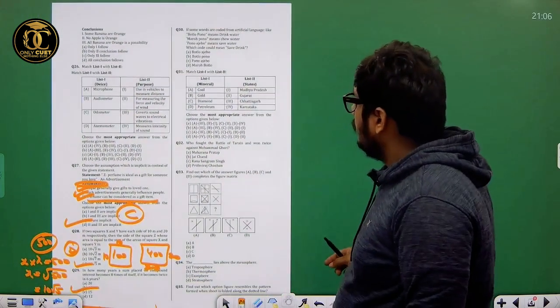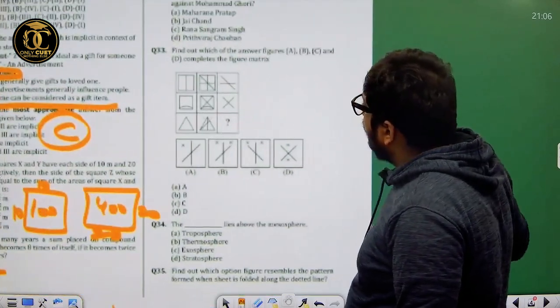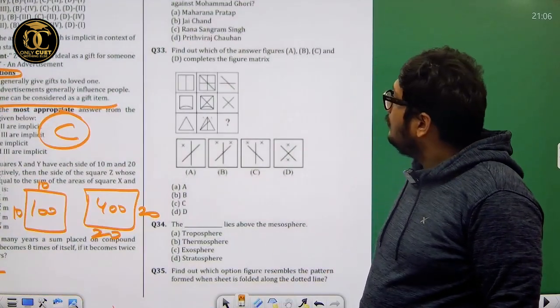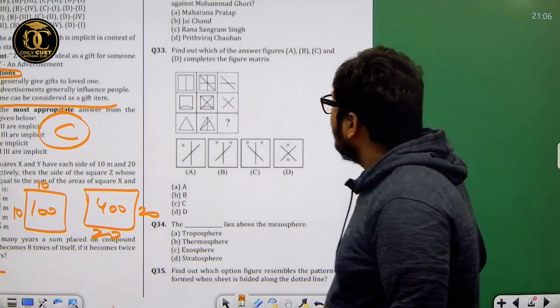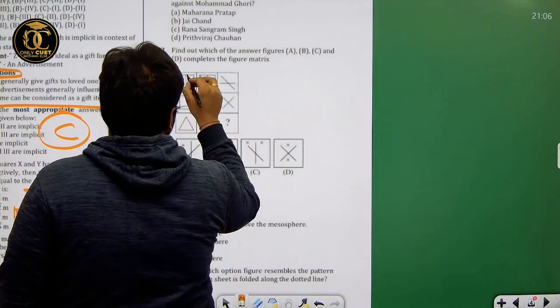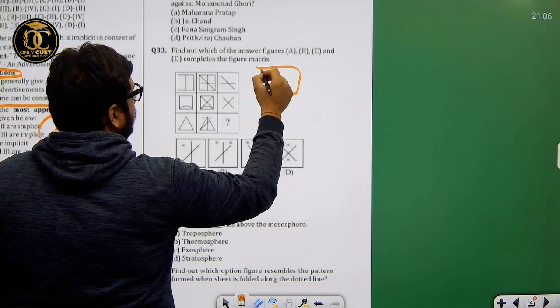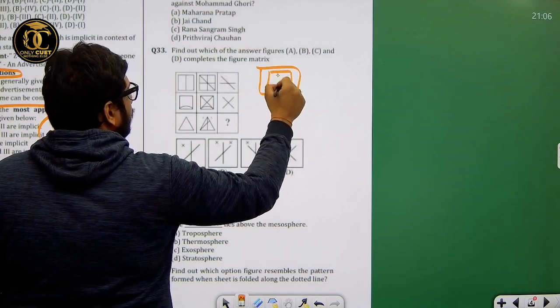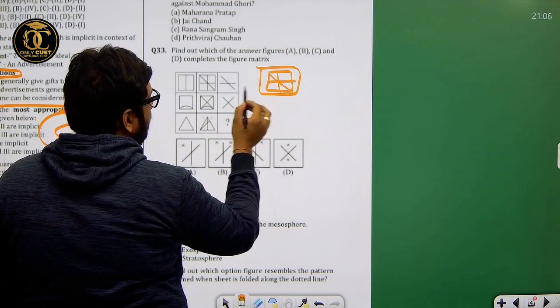Now question number 33. It says, find out which of the answer figures will complete the figure matrix. Now it's a very easy one. This is the first figure. Now in the second figure, I have added these two lines and made this.